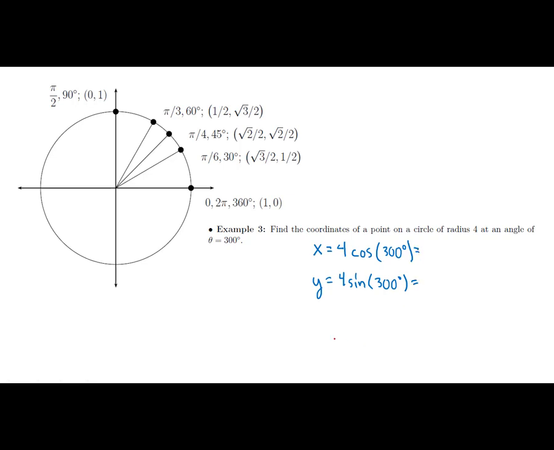So the place that I want to start here is to say, where is 300 degrees on the circle? Well, if this is 360, then backing it off by 60 should give me 300 degrees. So that puts me right here on the unit circle, or excuse me, on the circle.